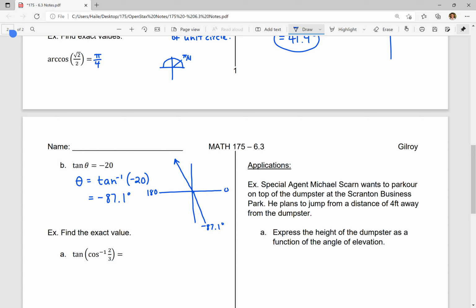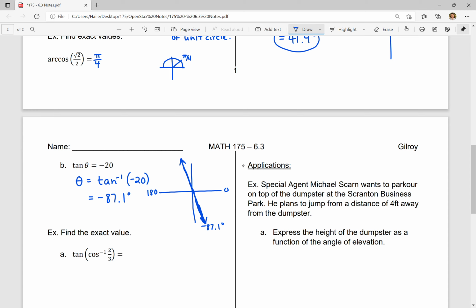So our angle must be in quadrant 2, and in fact, it's going to be directly across from the angle that we got in quadrant 4. The reason for this is that to get that same ratio, your x and y values have to be the same, just with opposite signs, basically.